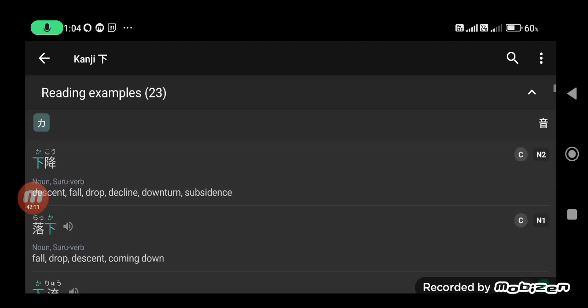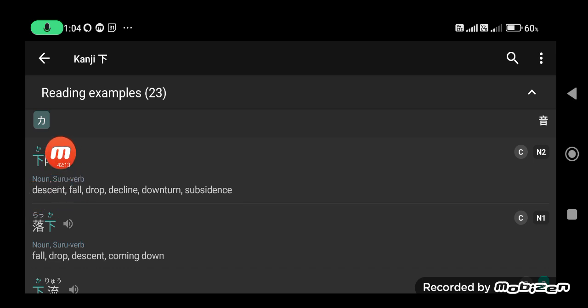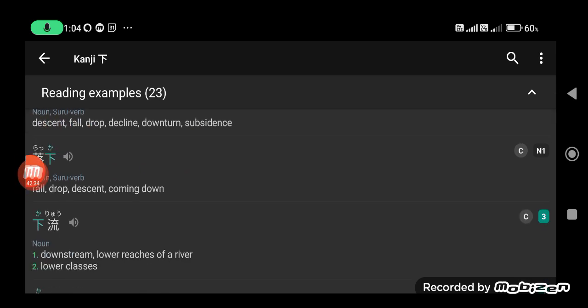Okay, so vocabulary using the onyomi. Ka: kako. It is a suru verb type of noun and can also be a noun. Kako means descent, fall, drop, decline, downturn, subsidence.